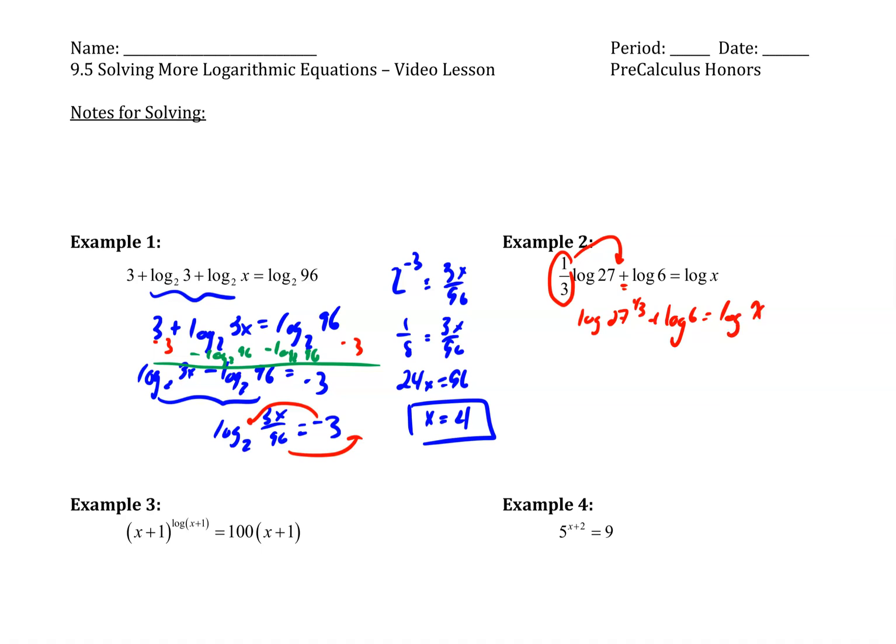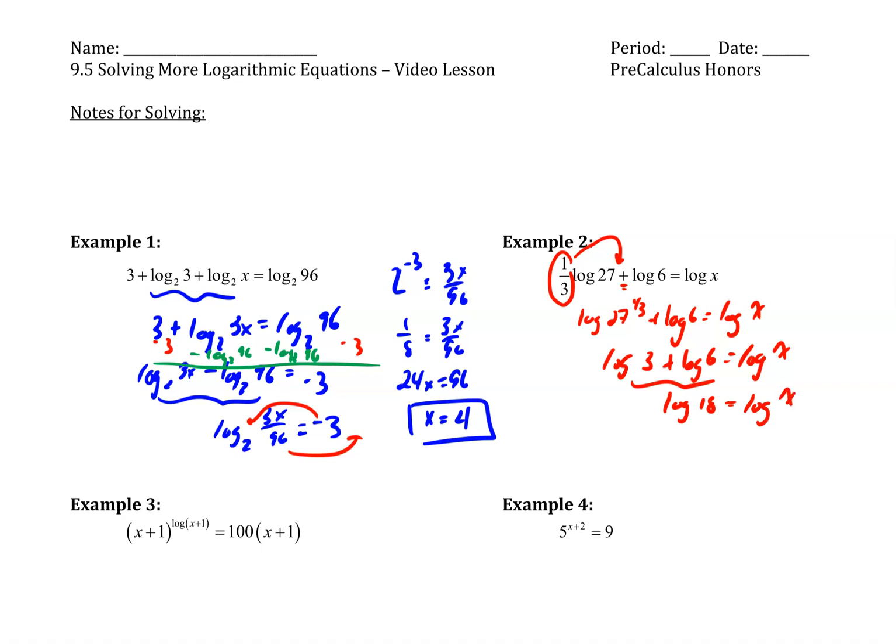That's power over root. So first, power over 3rd root. The 3rd root of 27 is just 3. So that's going to be log of 3 plus log of 6 equals log of x. I can condense this to just be log of, multiply those together, 18 is equal to log of x.